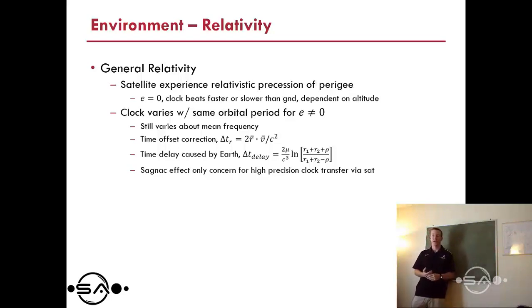And we're ignoring the Sagnac effect because our only concern with that is when we're passing high precision clock information. So if a ground station passes information to a satellite and then down to another ground station, then we would be concerned with that effect.